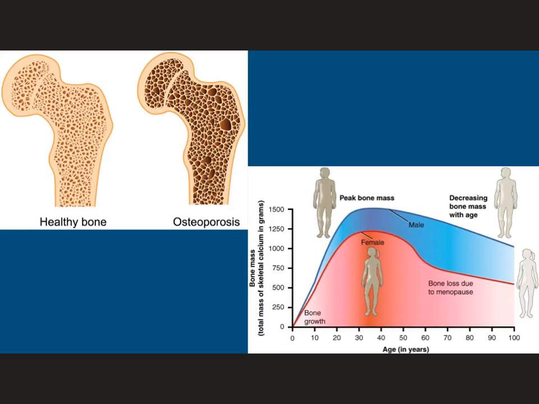The graph on the right shows you that females are going to lose more bone density after menopause. Around the 50s and 60s, you're going to see a sudden decrease of bone density, and that's why it's important for older females to exercise regularly to increase their bone strength.